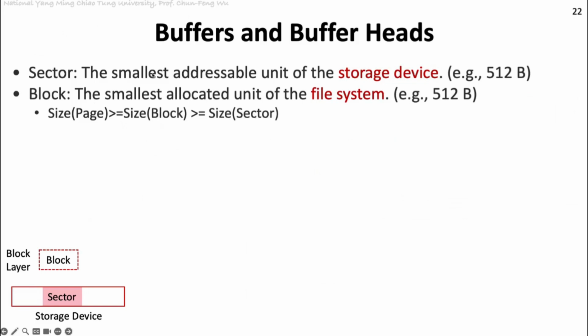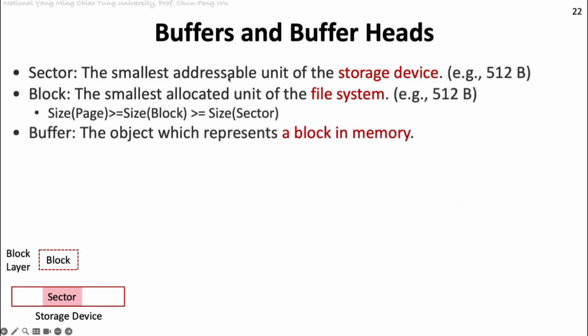So the sector is the smallest addressable unit. And the buffer is an object which represents a block in memory. The block is the unit allocated by a file system, right? And if we are going to use this block, it needs to be moved into memory because the CPU only interacts with memory. Okay, so the block is like this.